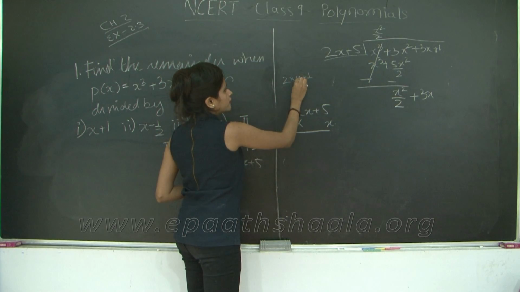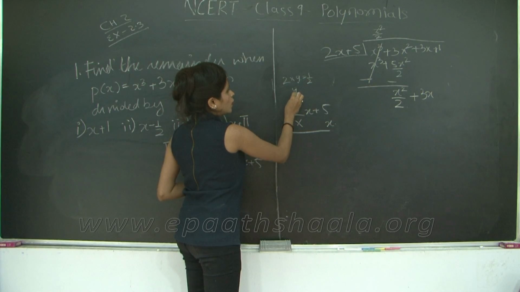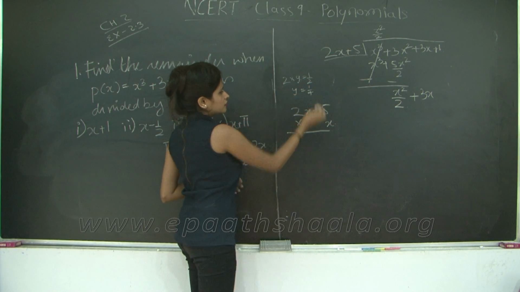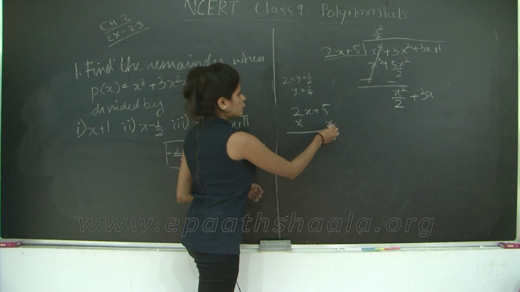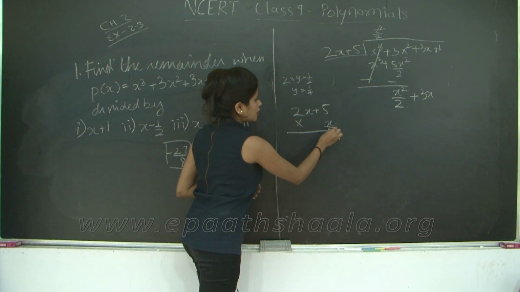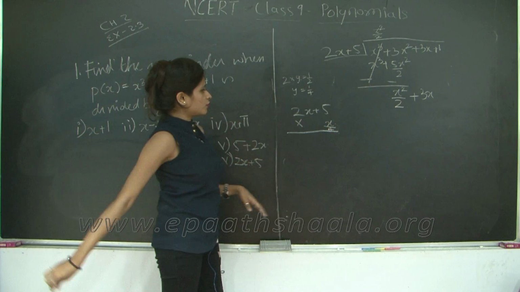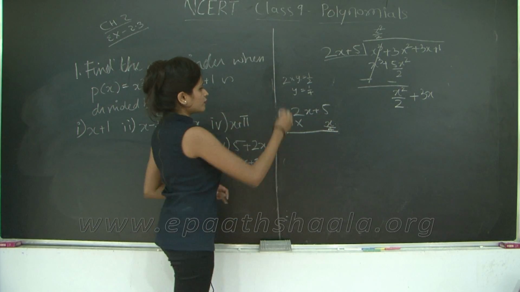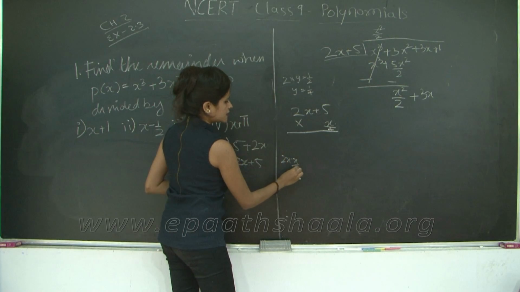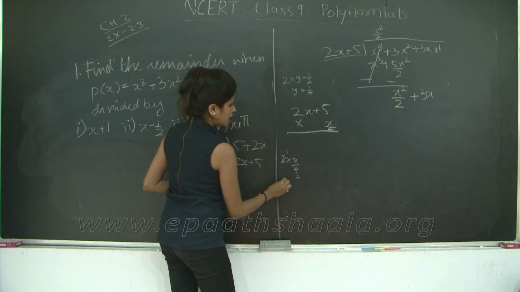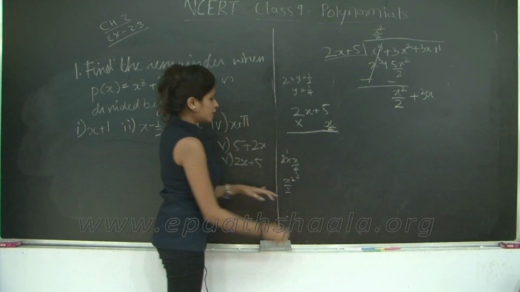I will keep this as y. So y is equal to 1 upon 4. 2 into 1 upon 4 is going to give me 1 upon 2. So I am going to multiply this by x upon 4. So 2x into x upon 4. Let's check. 2 ones are 2, 2 twos are 4, x square upon 2. There you go.